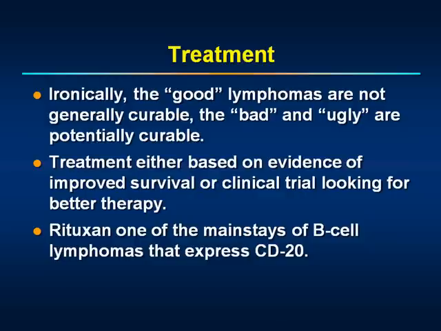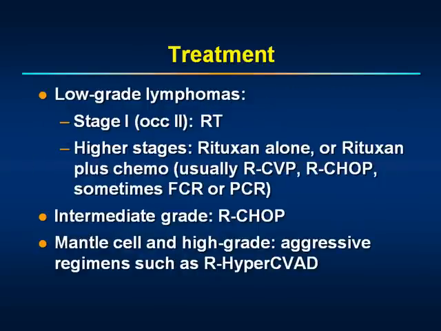And Rituxan is one of the mainstays of B-cell lymphomas that express CD20, which is the target of Rituxan. Low-grade lymphomas, stage 1 and occasionally stage 2, can be treated by radiation therapy alone, with about a 50% long-term survival. Higher stages of low-grade lymphomas require either Rituxan alone or Rituxan plus chemotherapy, and that's pretty standard.